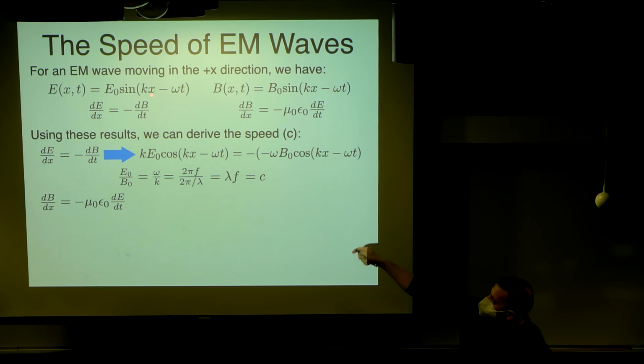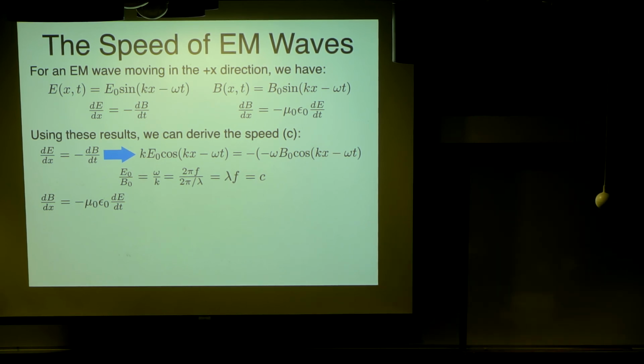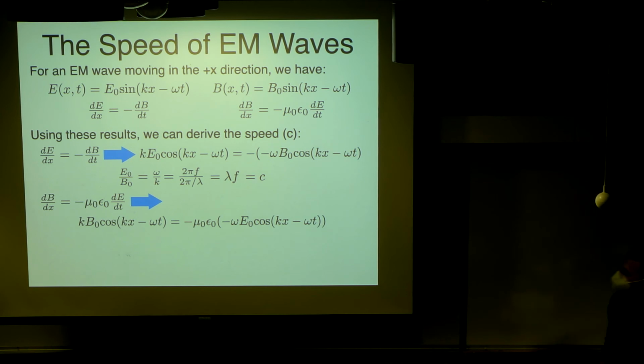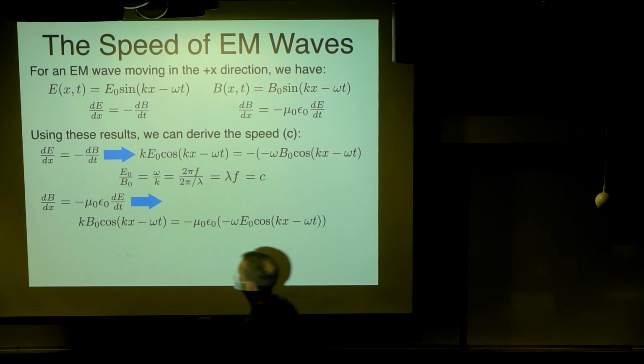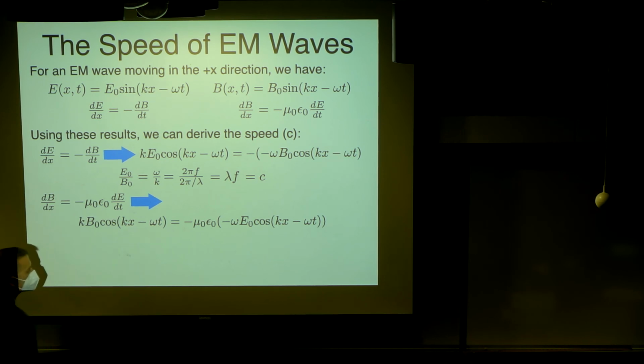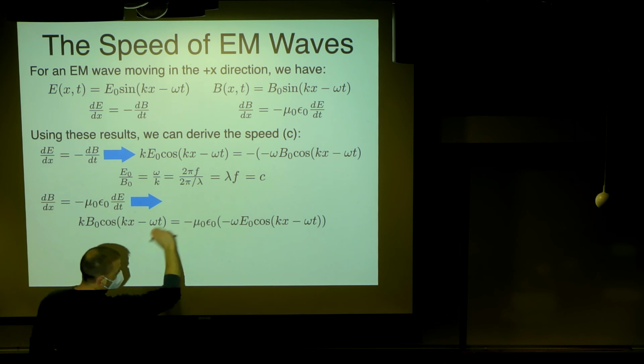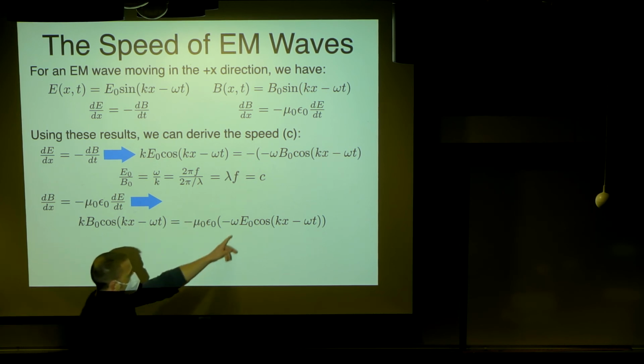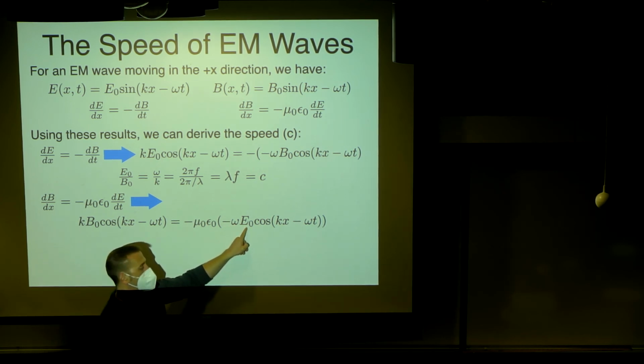When I take this derivative with respect to time, I get minus omega coming out times E naught and then cosine of the same thing. So here's all that put together, right? dB/dx was k B naught cosine, and so on. Then on this side, we have minus mu naught epsilon naught already in the front. From the derivative, we get a minus omega times E naught and then cosine.